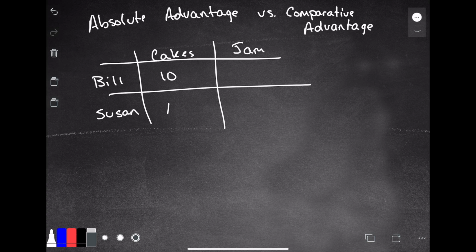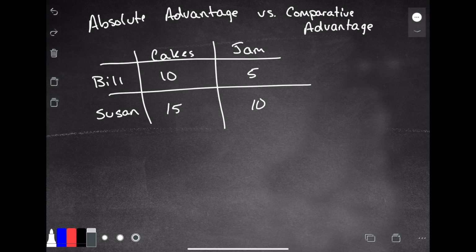Susan could make 15, and Bill could make 5 jams in a day, and Susan could make 10. So in this example, Susan has the absolute advantage in producing jams compared to Bill because 10 is bigger than 5. And she also has the absolute advantage in producing cakes because 15 is bigger than 10.